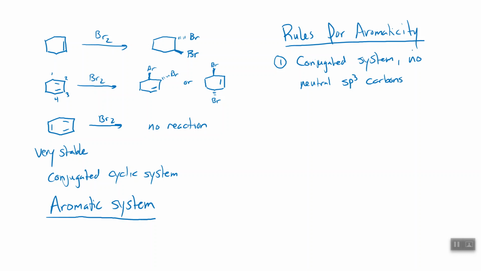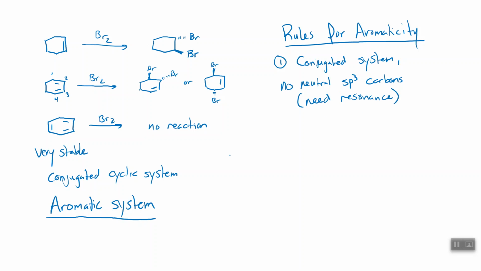No neutral sp3 carbons. Right? And the reason we don't want any sp3 carbons is neutral sp3 carbons can't participate in resonance, right? So neutral sp3 carbons break up resonance. We need resonance.